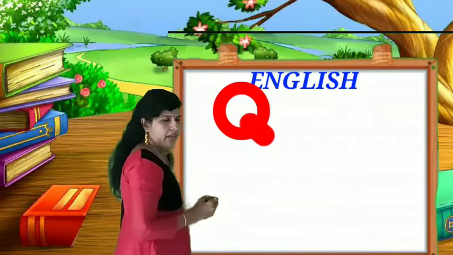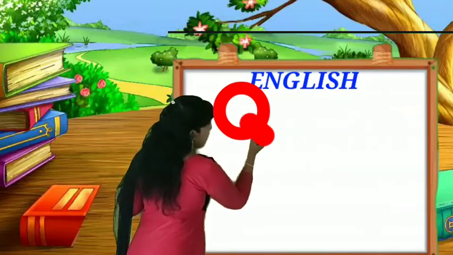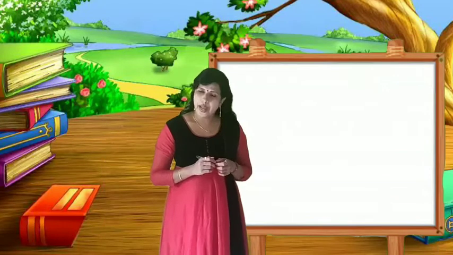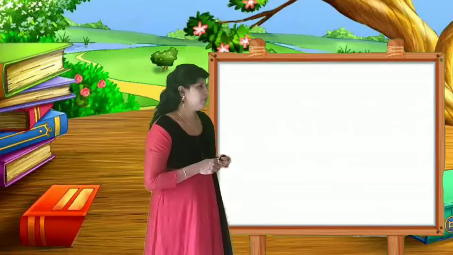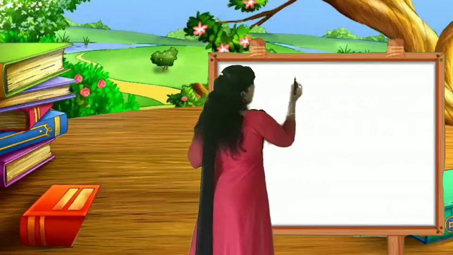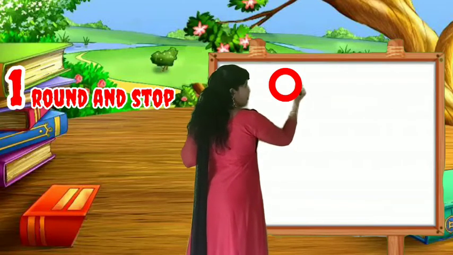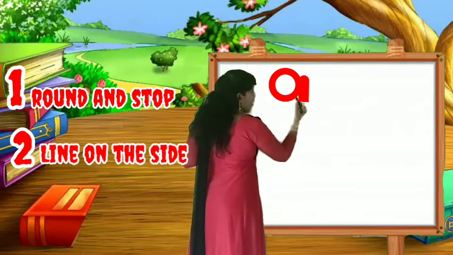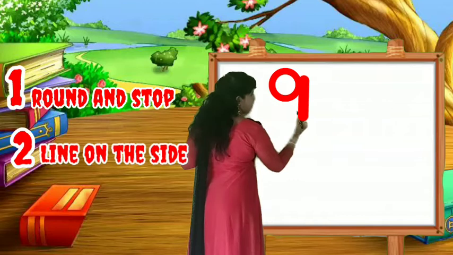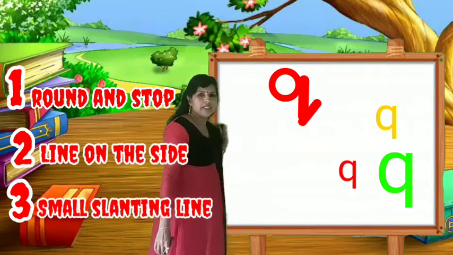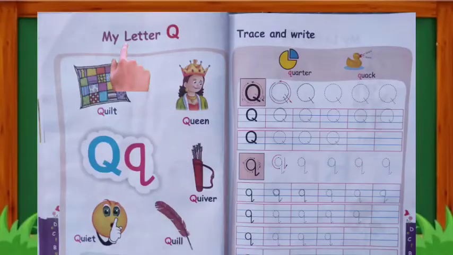Round and small standing line. Capital letter Q and small letter Q.